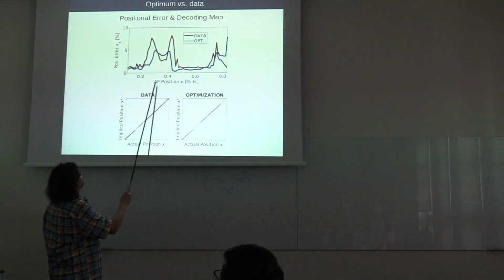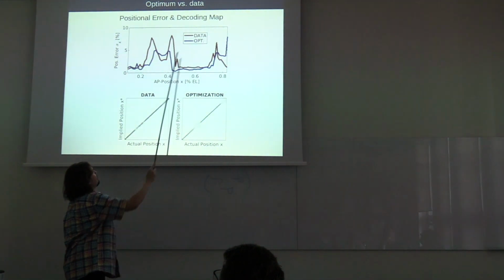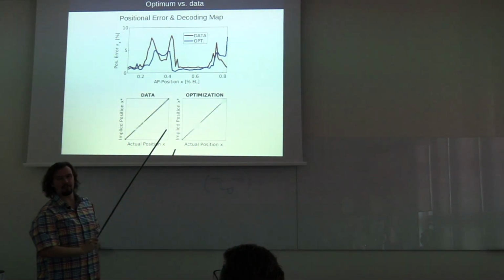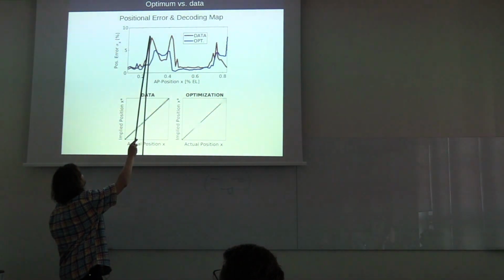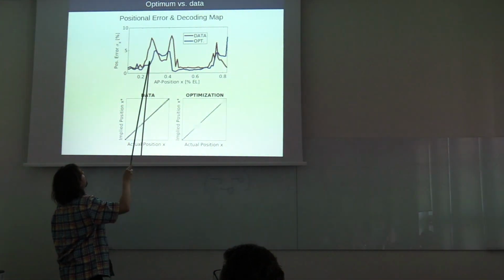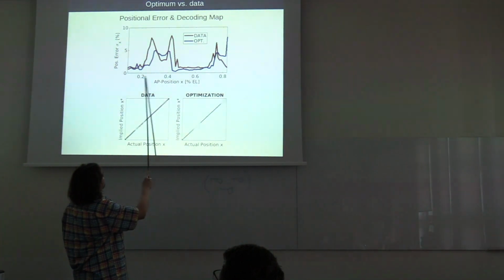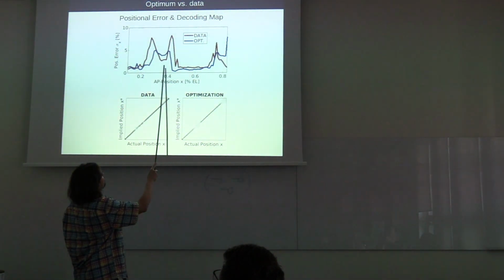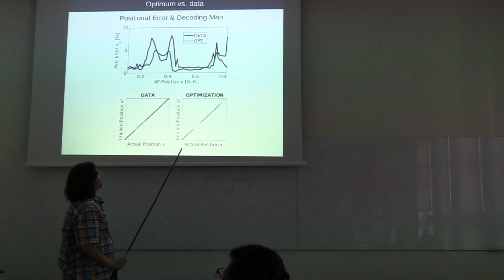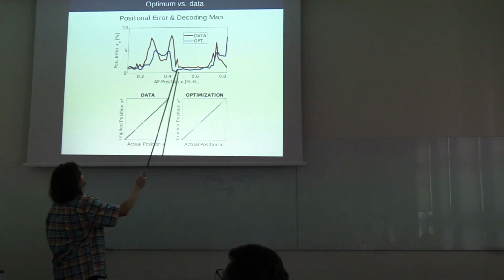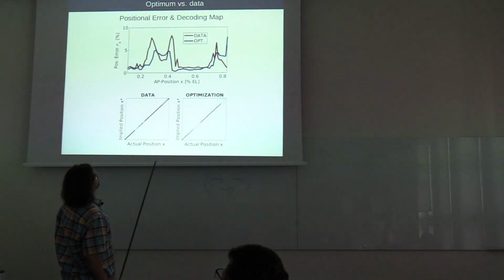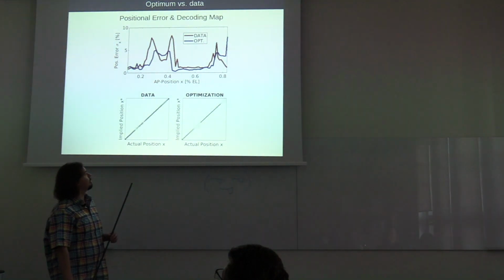And you can see the more recent data actually doesn't show that it's uniformly 1% everywhere. It goes up even to 5% in some places. We have these peaks. But yet our optimized pattern actually captures this quite well, right? And most importantly, in most of the parts, it also brings down this positional error to about 1%.